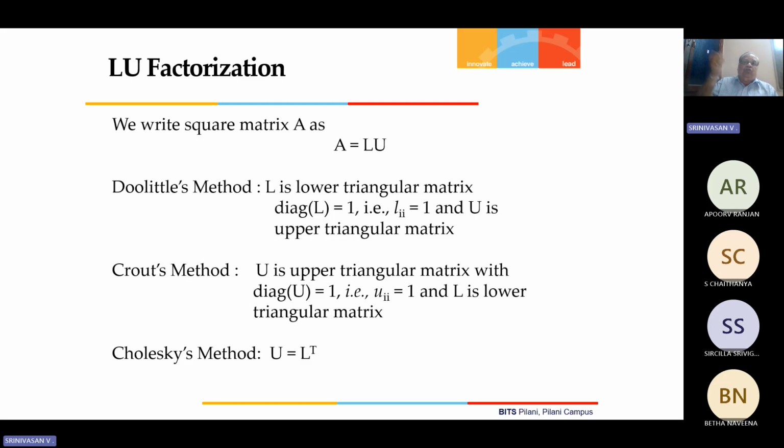We give importance to the upper triangular matrix with principal diagonal elements each equal to 1. The lower triangular matrix is just a lower triangular matrix, right? And in Cholesky's method, it is now entirely different. U is L transpose. So your upper triangular matrix is the transpose of your lower triangular matrix. So these are the 3 different methods, each with some kind of distinction to differentiate between them.